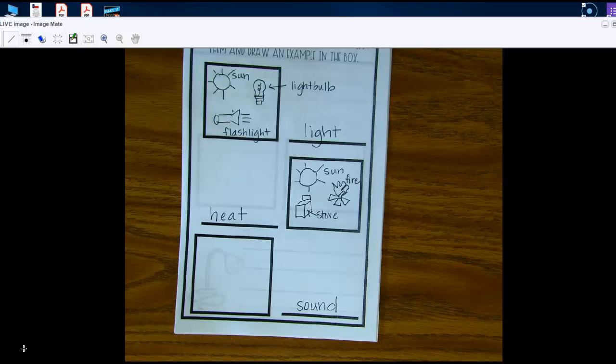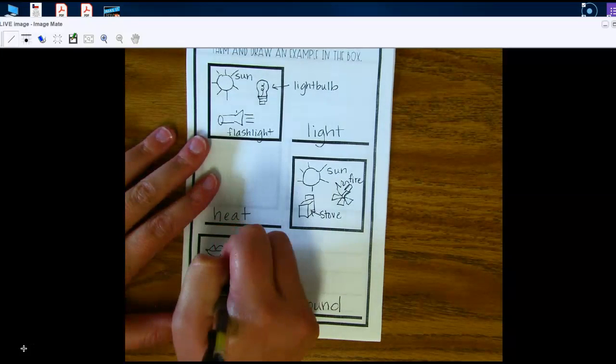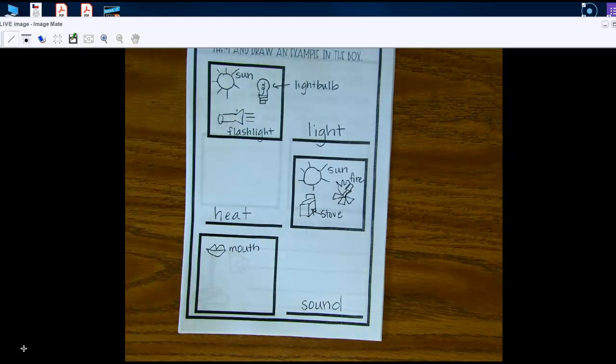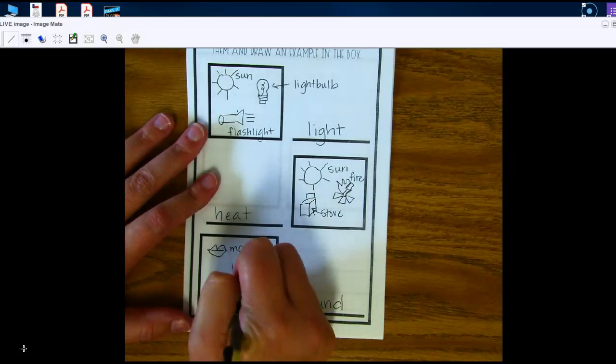What's an example of something that gives us sound energy? Sound energy. Corbin? Mouth. Okay, comes from the mouth because what vibrates is our cords right here, right? Okay, so you could do a mouth. Okay. What else gives us sound, Lily? Music. So what's a musical instrument that gives us sound? A drum. So you could draw a drum.